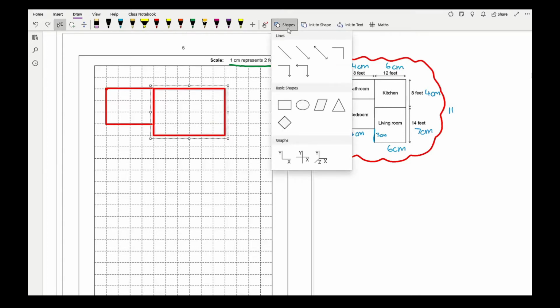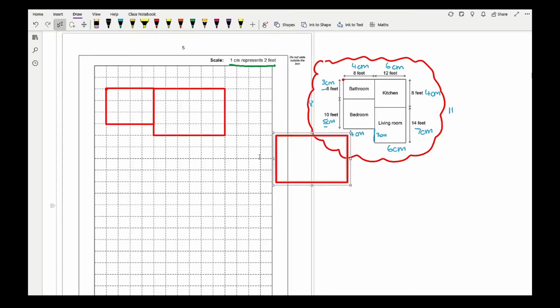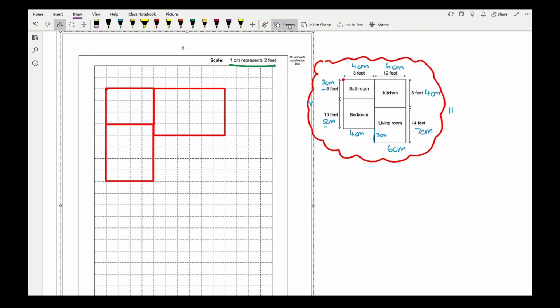And then my next one, I'll draw the bedroom, and that is going to be 5 centimeters down, so 5 boxes down, which works out to be about there. And then I've got the living room to do, which is 7 squares down.